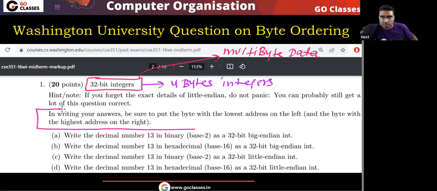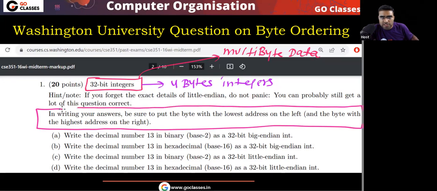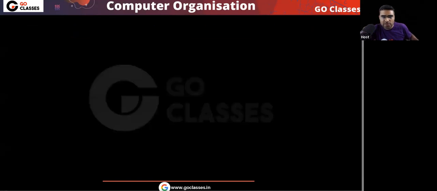What is this statement telling you? Whenever you are writing your answer, make sure that you put the byte with the lowest address on the left, and the byte with the highest address on the right.